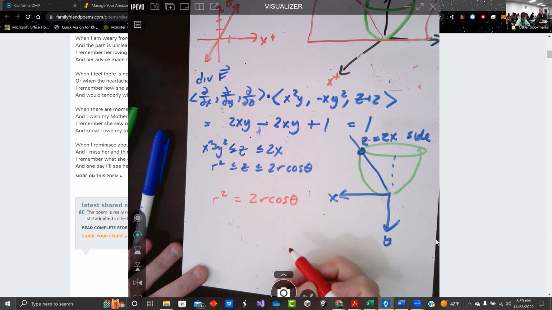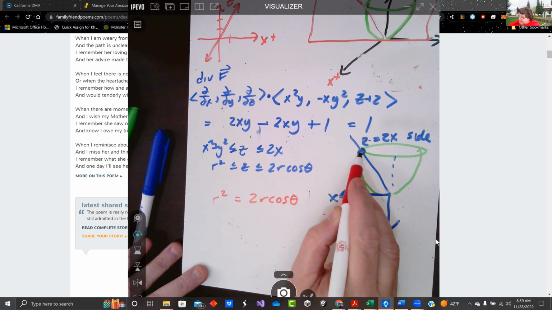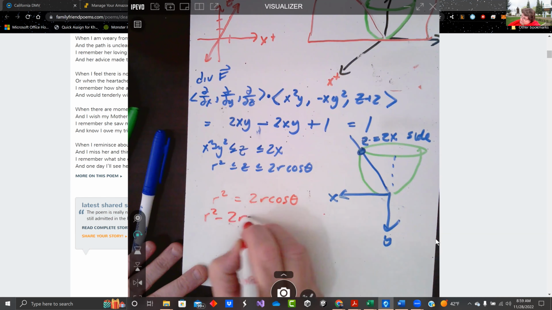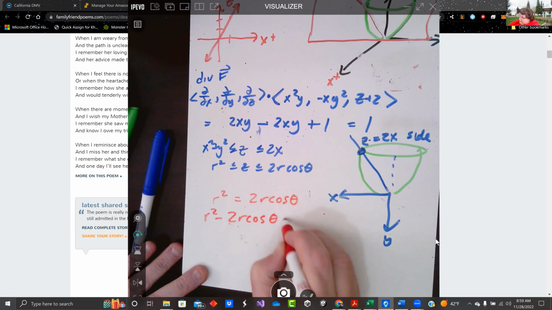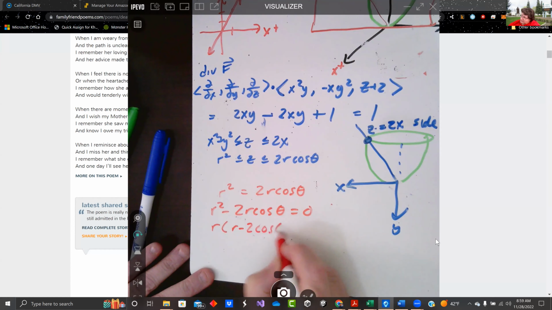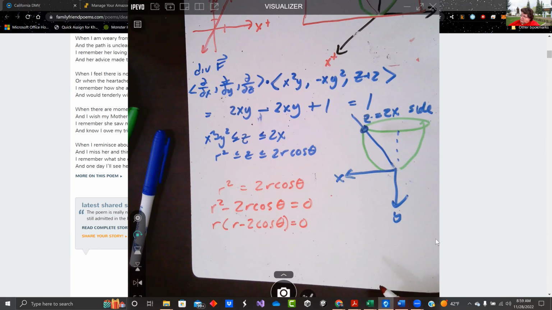Well, R does equal 0 here. It meets down here, but the one I'm worried about is up here. I'm going to not divide by R. We get R times R minus 2 cosine theta. Still isn't really helping, is it?